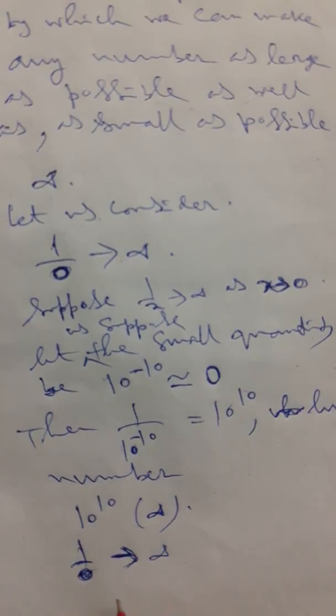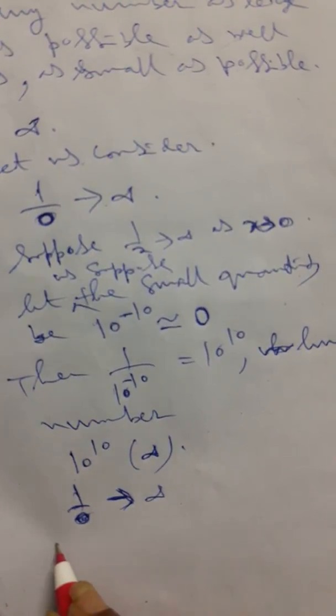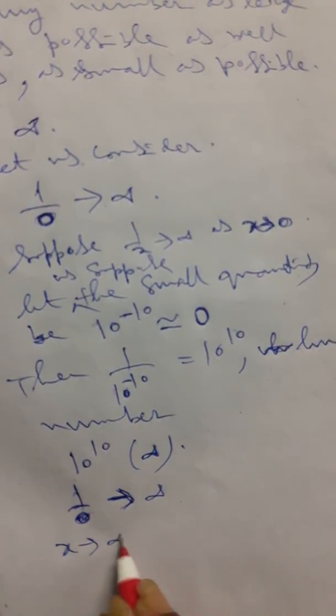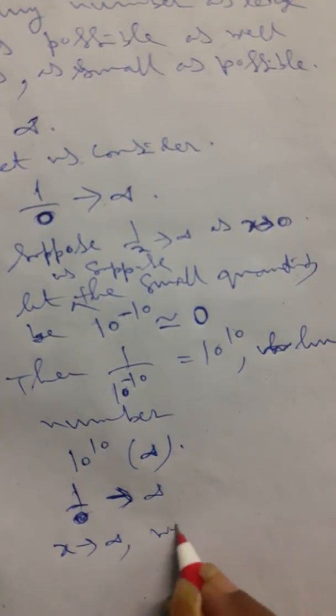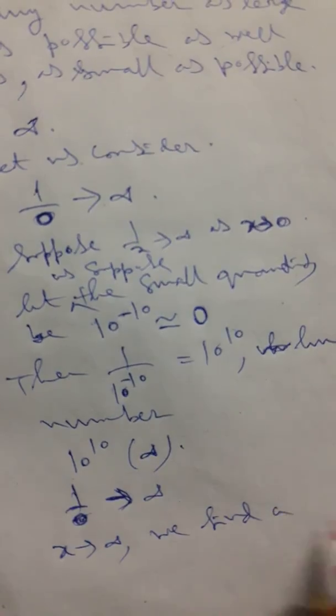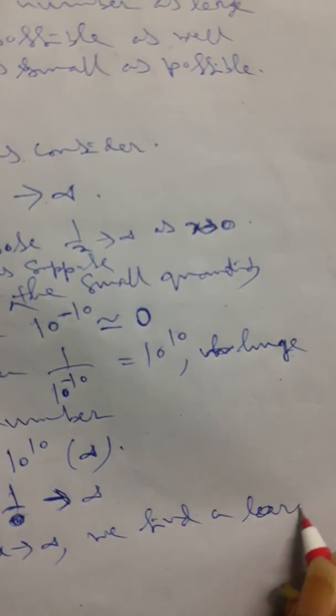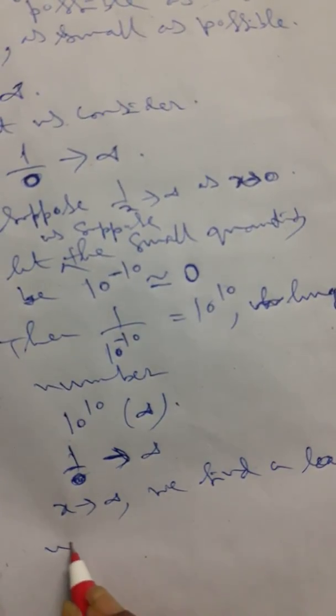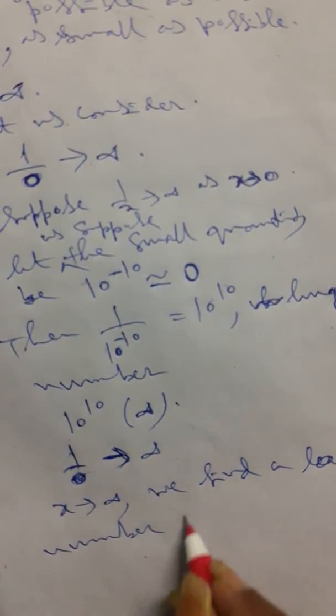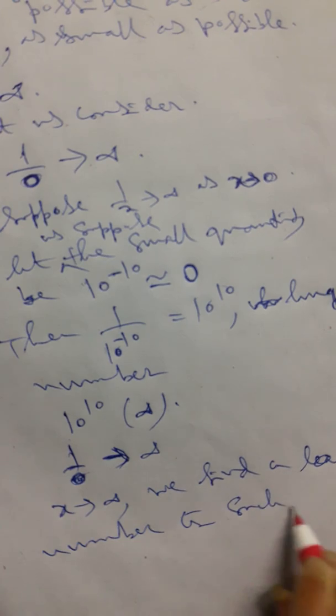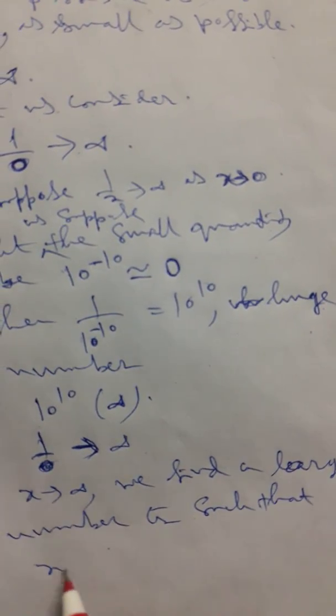Now let us define what infinity is. Suppose we consider x tends to infinity, that means we find a large number g such that x is greater than g.